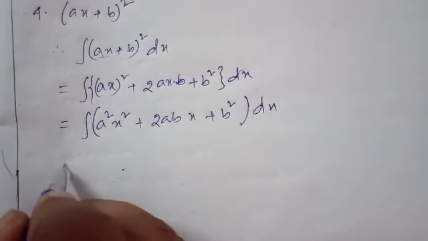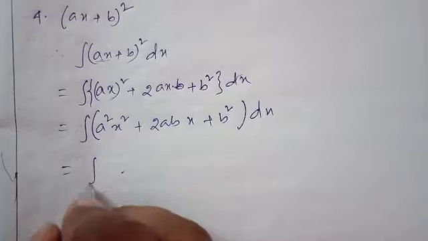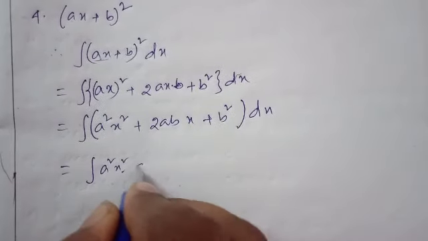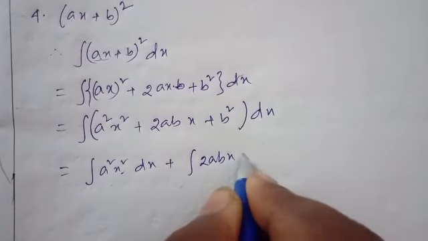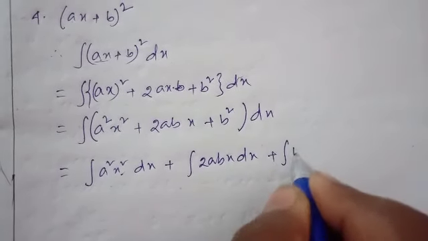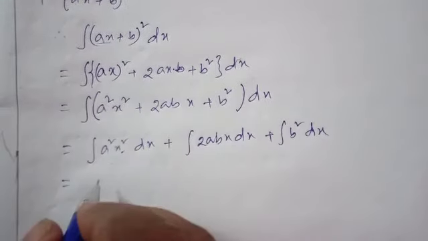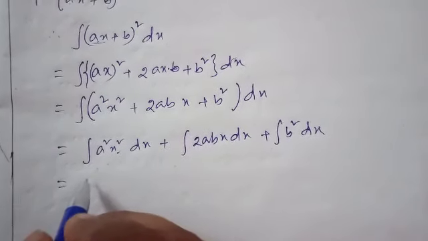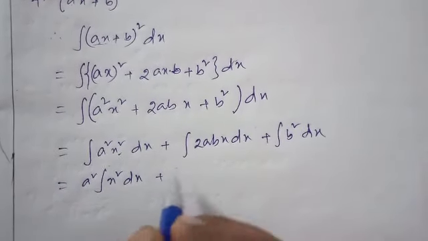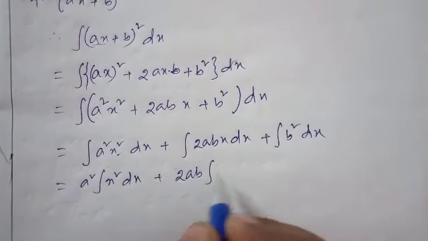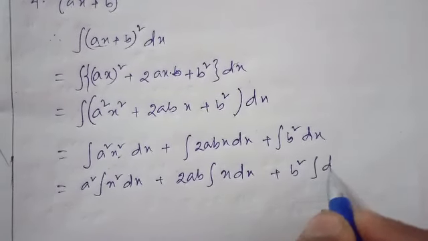Next, we can write it separately: the integration of a square x square dx plus the integration of 2abx dx plus the integration of b square dx. Here we can take the constant terms common: a square times x square dx, plus 2ab times x dx, plus b square times dx.